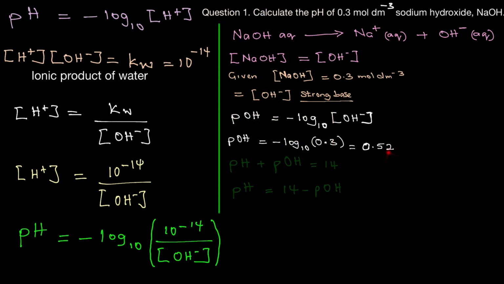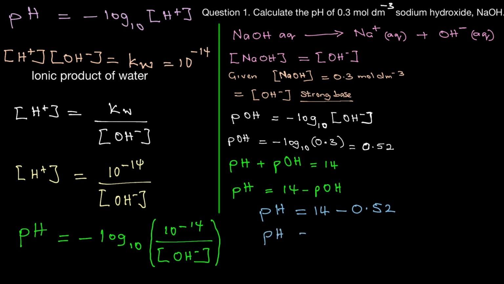From the calculator, pH plus pOH equals 14, so pH equals 14 minus pOH. pH equals 14 minus 0.52, pH equals 13.48.